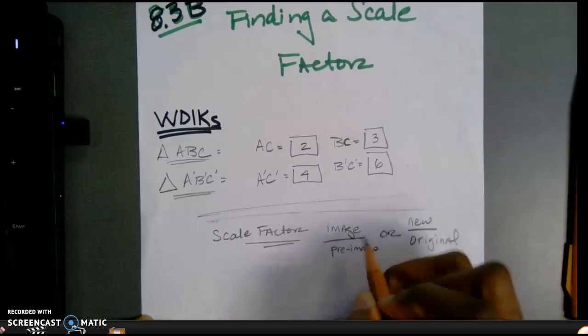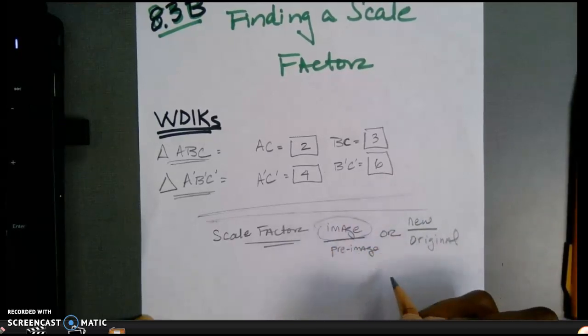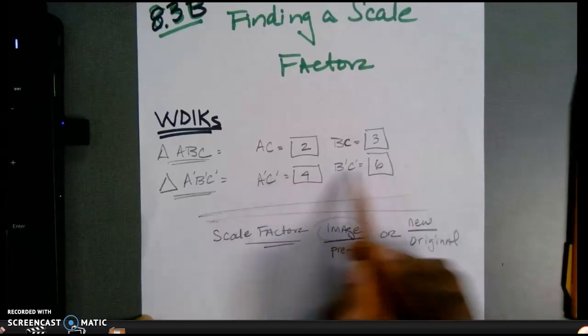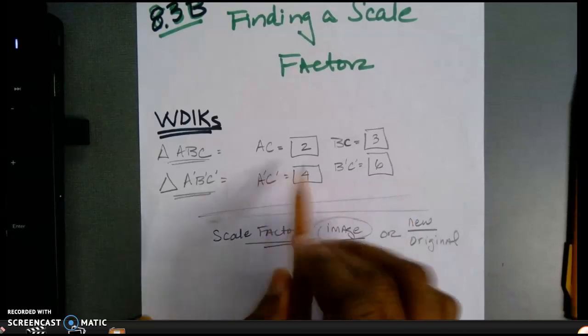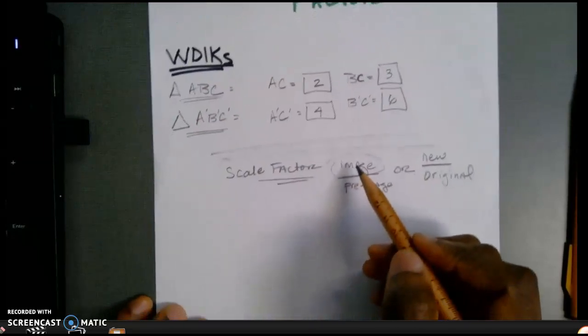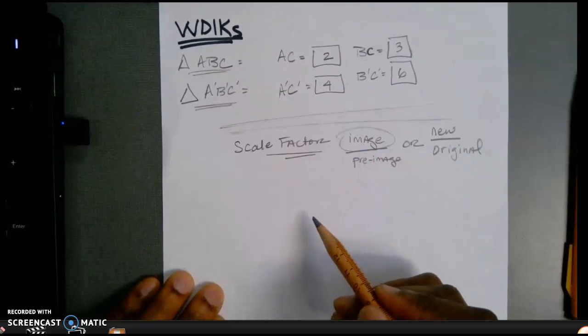Okay? So the way that you know which one is the image, it's always going to be the one with your prime letters or your prime specification. Okay? So let's go ahead and start making this comparison.